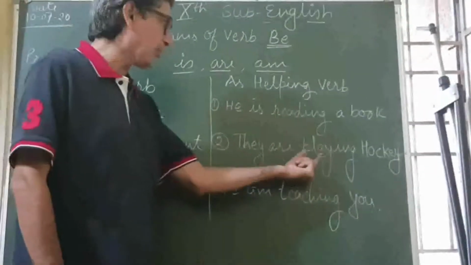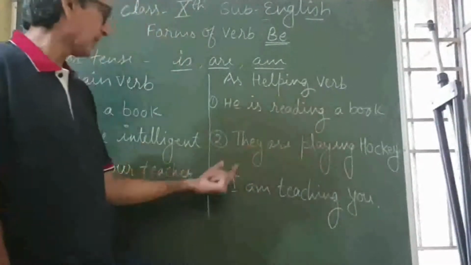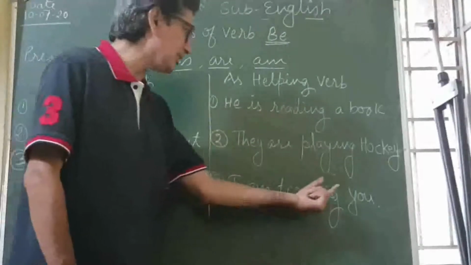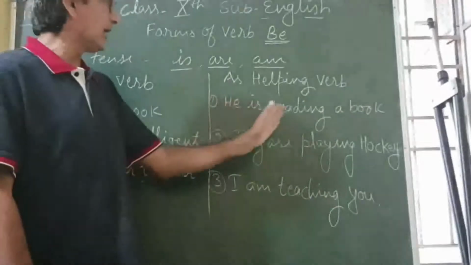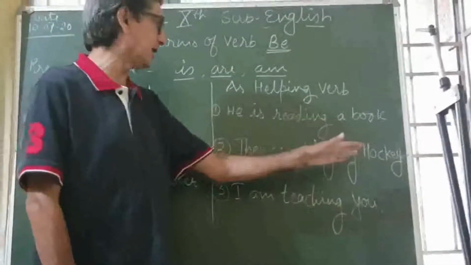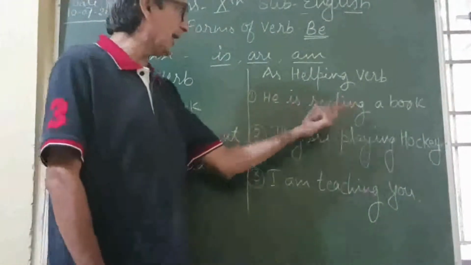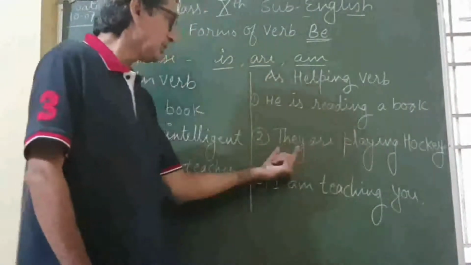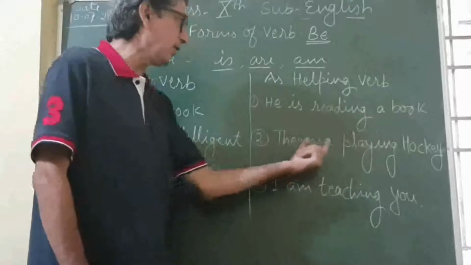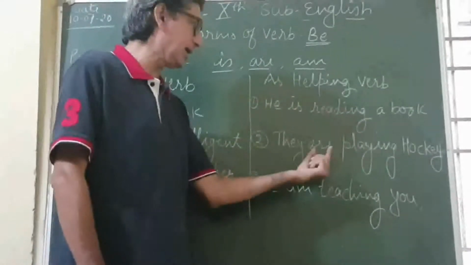They are playing hockey. I am teaching you. He is reading a book. वह एक पुस्तक पढ़ रहा है. So is for है and the main verb is पढ़ना, reading. They are playing hockey. वे हॉकी खेल रहे हैं.